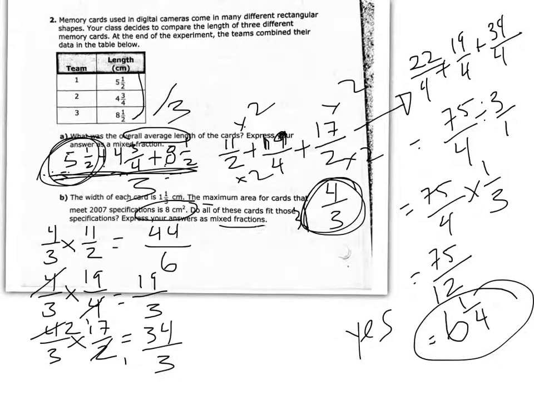Okay, now I'm going to reduce. It wants them in mixed fractions. So in this case, 6 goes into 42 seven times, and there's a remainder of 2 over 6.